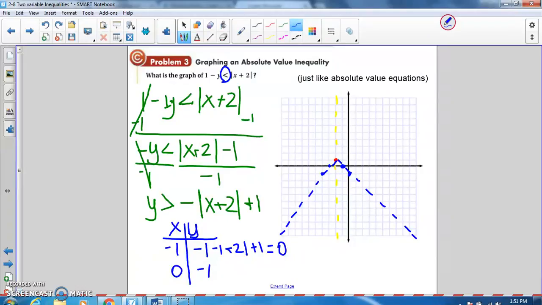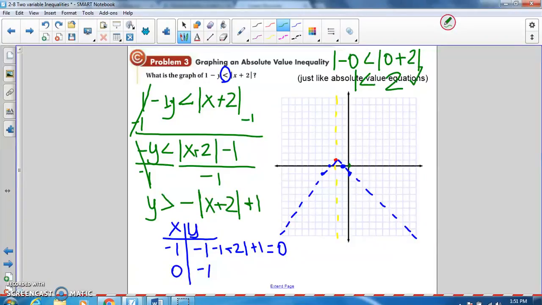I now can pick a test point. Still going to pick (0, 0). 1 minus 0 is less than the absolute value of 0 plus 2. 1 minus 0 is 1, is less than 0 plus 2, which is 2. The absolute value of 2 is 2.